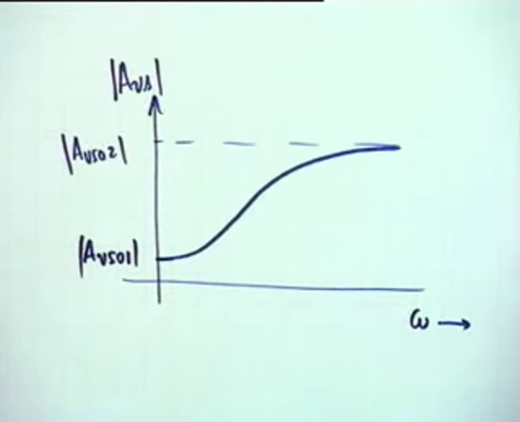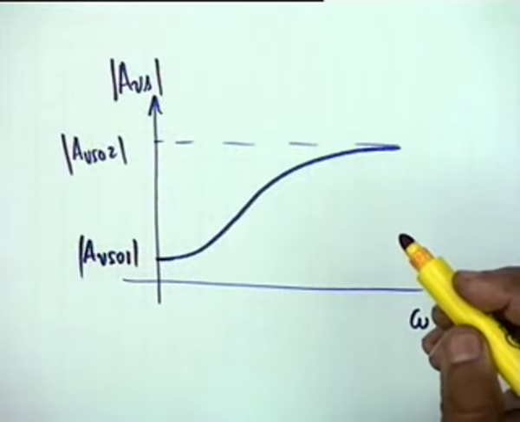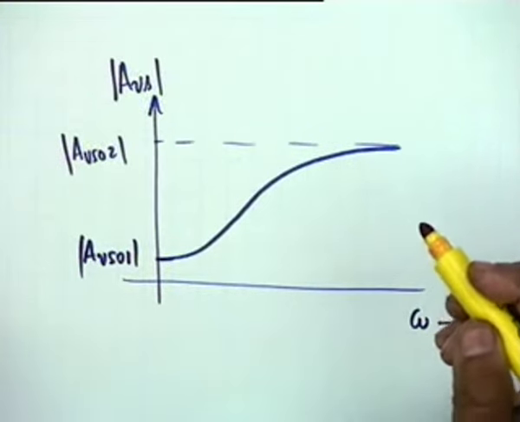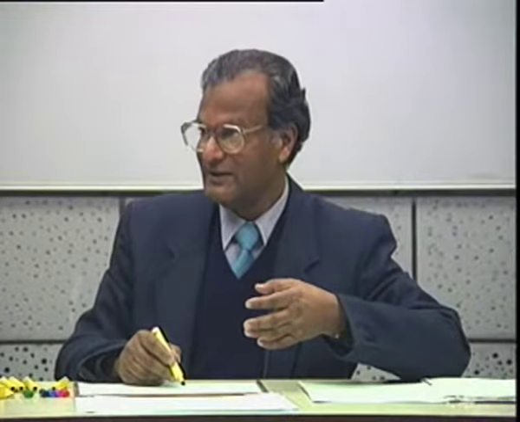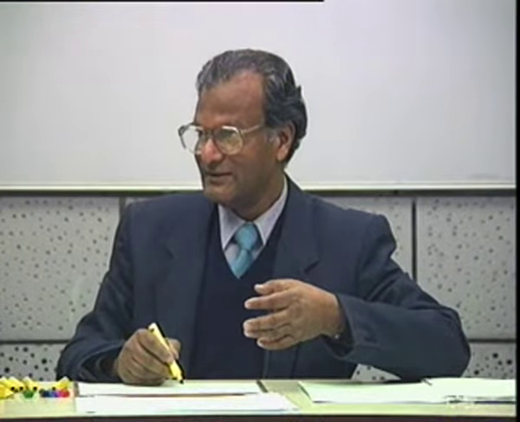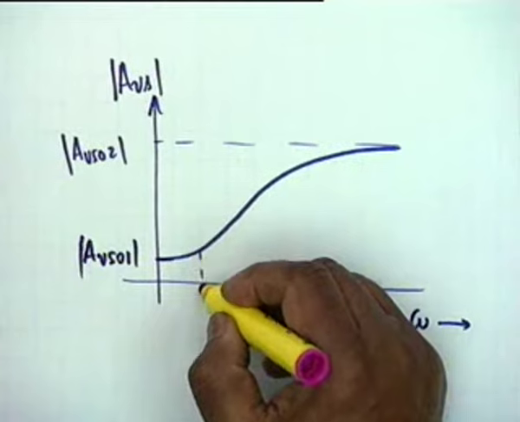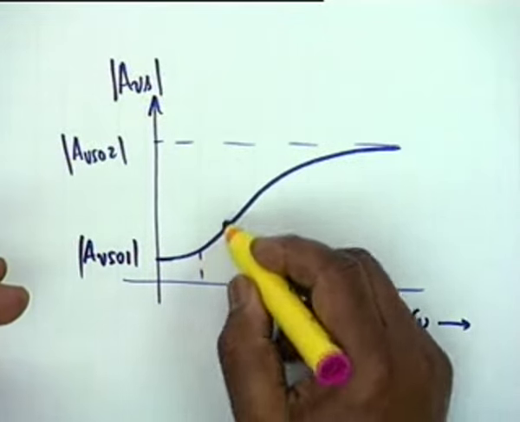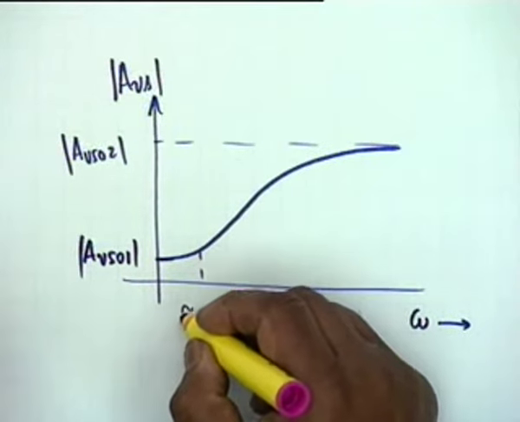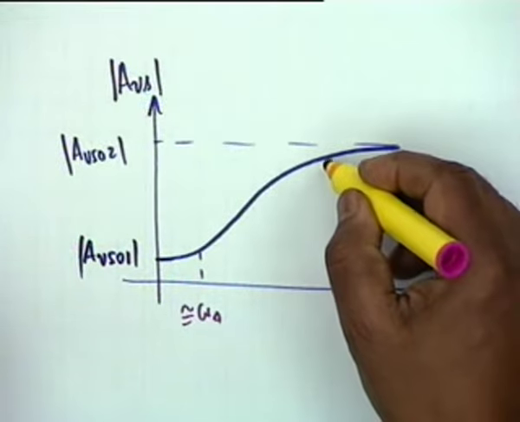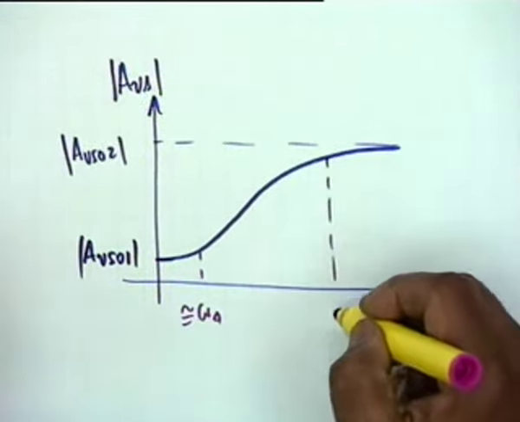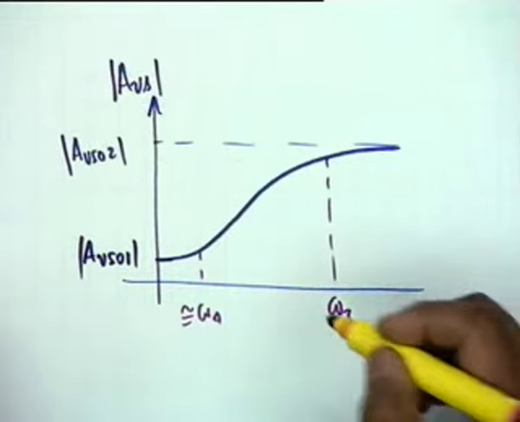Now where will these frequencies omega 3 and omega 4 be? Omega 4 obviously would be somewhere here, where the curve just starts to rise. This would be approximately omega 4, and omega 3 would be somewhere here approximately.